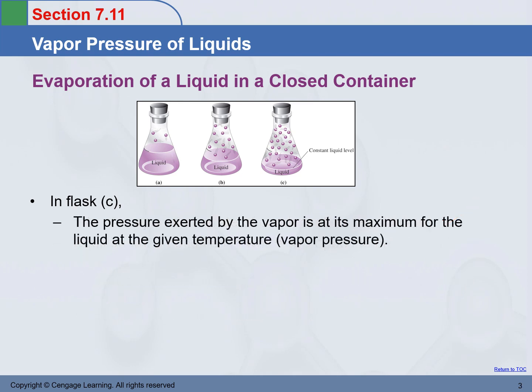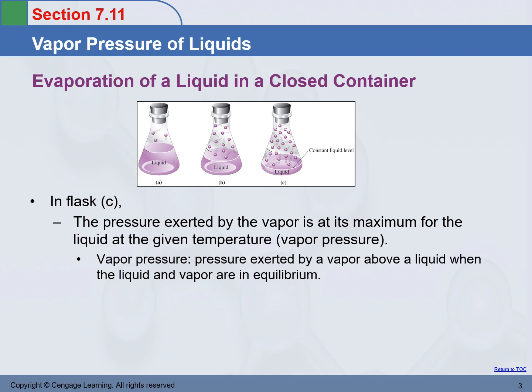Now let's look at the second conclusion we had in flask C on slide number 1. The pressure exerted by the vapor is at its maximum for the liquid at a given temperature. That pressure is called vapor pressure. Now, here's the definition of vapor pressure. Pressure exerted by a vapor above a liquid when the liquid and the vapor are in equilibrium. It means that the evaporation and the condensation are in equilibrium.